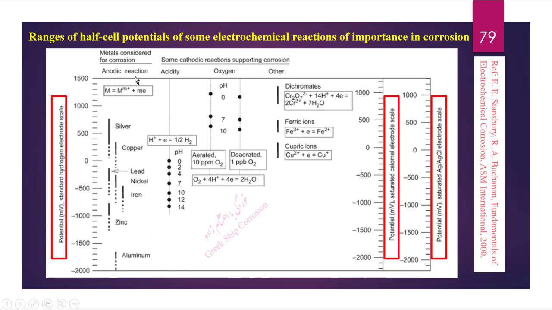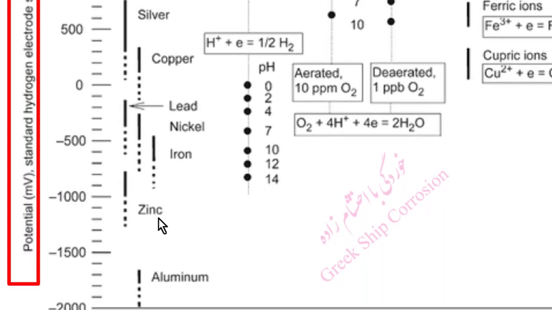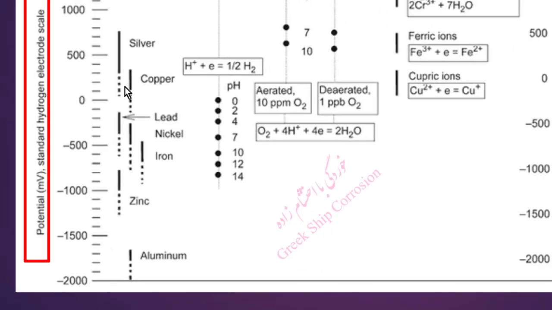Anodic reactions are shown for silver, copper, lead, nickel, iron, zinc, aluminum. Vertical bars represent metal ion concentration of 1 molar down to 1 ppm. Dash extensions may apply with precipitated and complexing species.